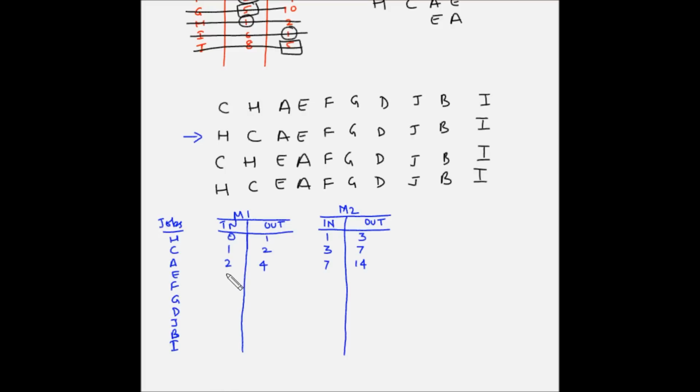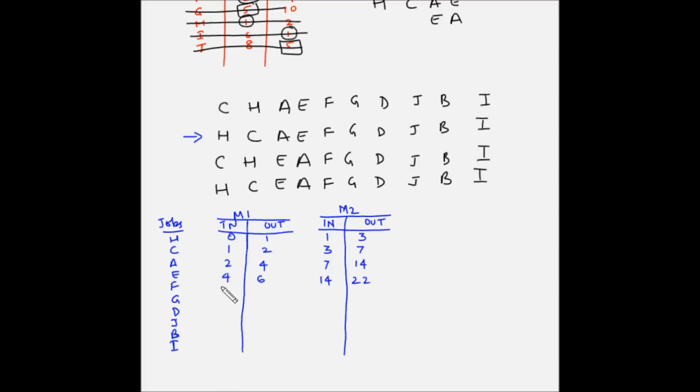Now E can go into M1 at the 4th hour, and it will be taking 2 hours on M1, so it will be out on the 6th hour. Now E can go into M2 on the 14th hour, and E takes 8 hours to be processed on M2, so it will be out on the 22nd hour.